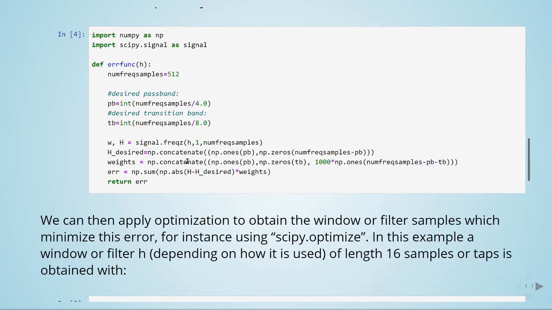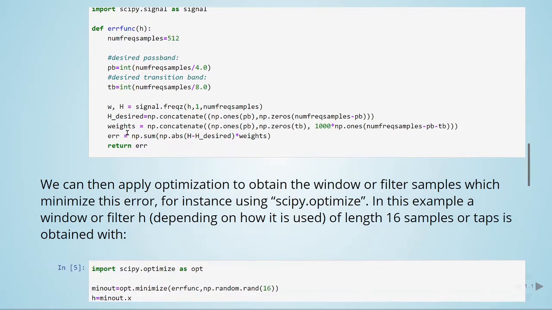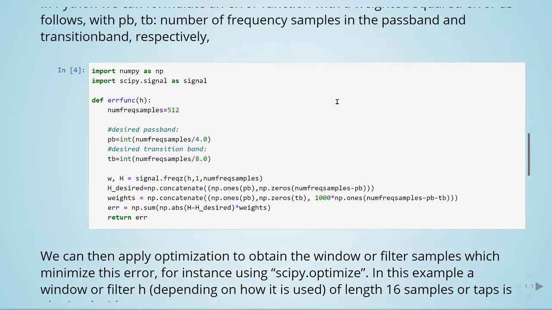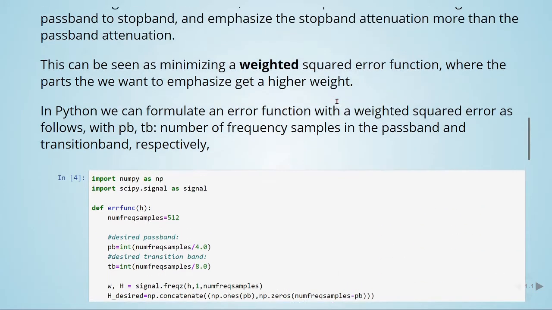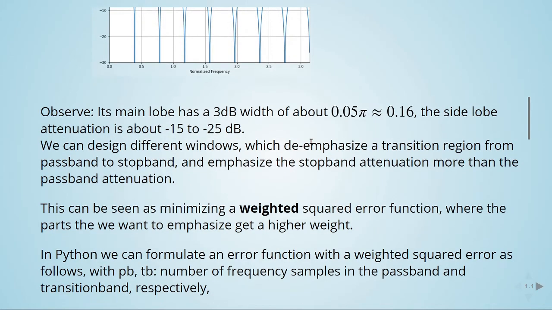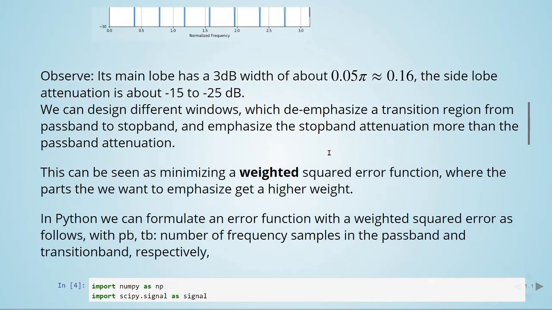So we concatenate ones and then zeros, taking into account the desired pass band and the desired transition band. Here we are computing the weights, so we are giving more emphasis depending on whether we want to emphasize the pass band or the stop band attenuation, and de-emphasize the transition region.